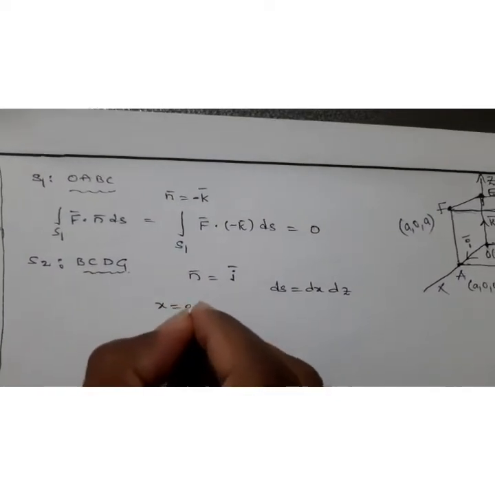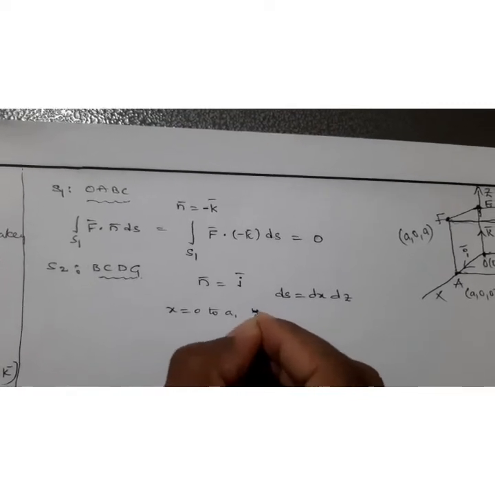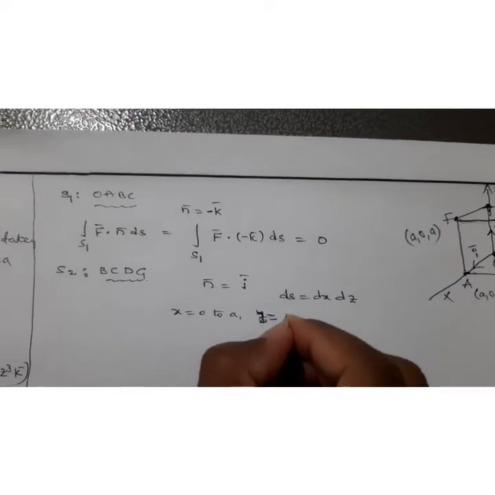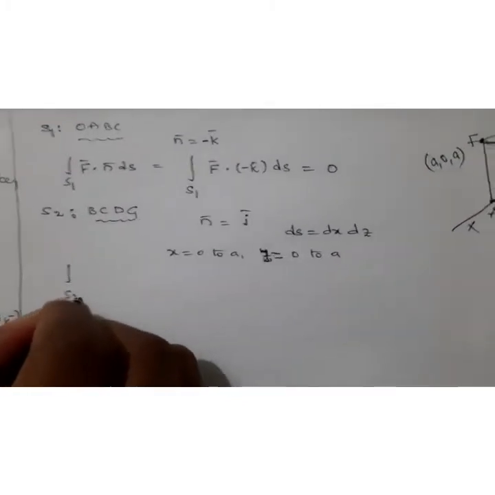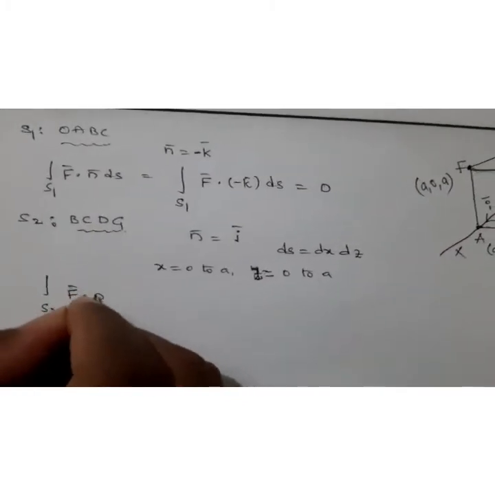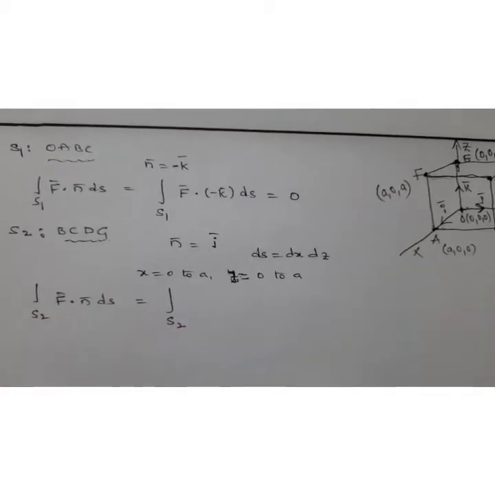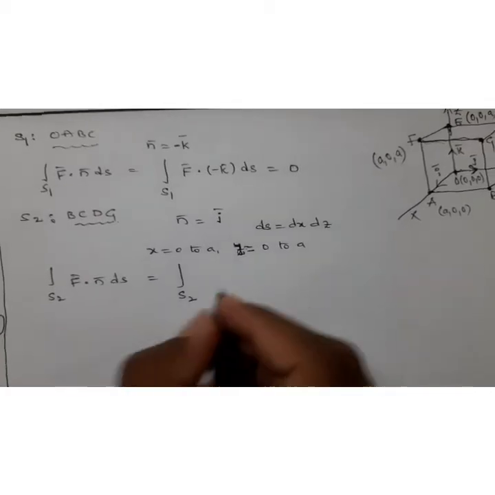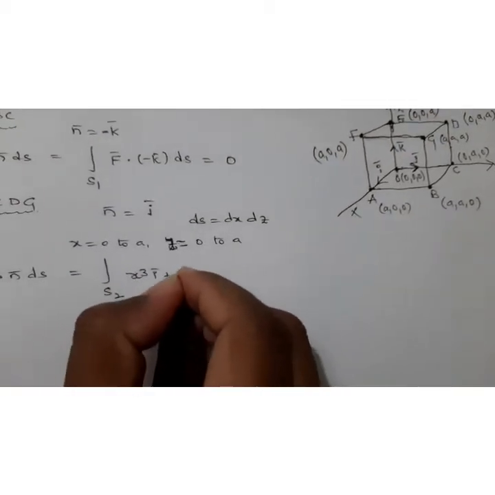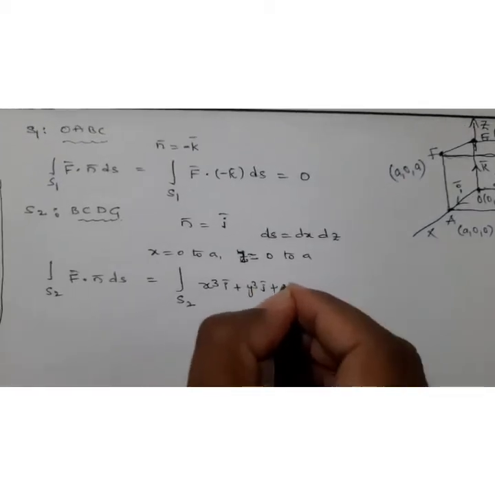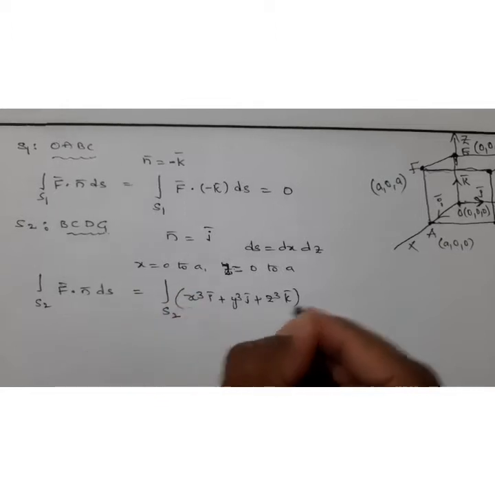x varies from 0 to a, z varies from 0 to a. The integral over S2 of f bar dot n bar into ds. What is f bar? The force vector is x cube i bar plus y cube j bar plus z cube k bar, dot n bar.